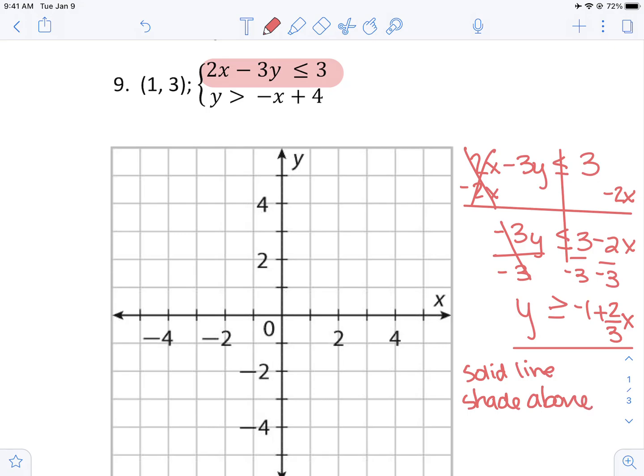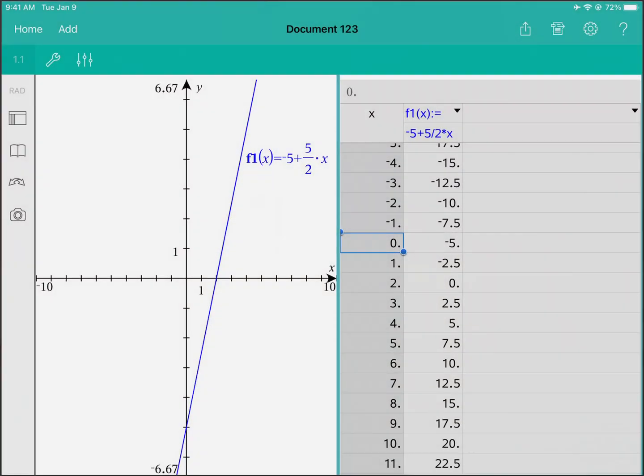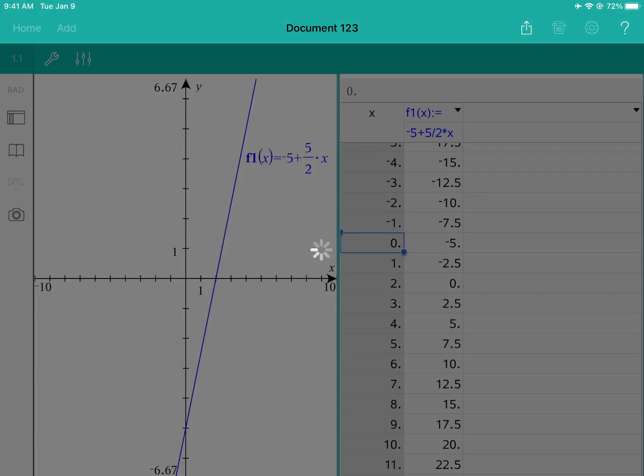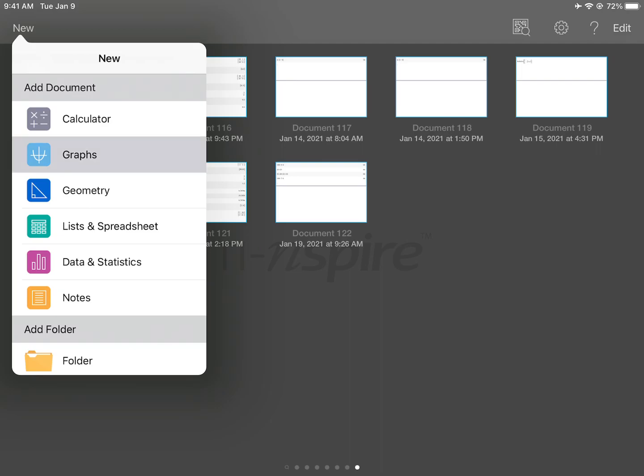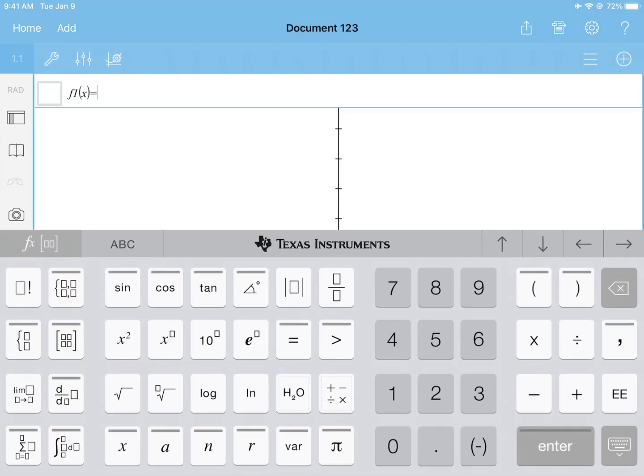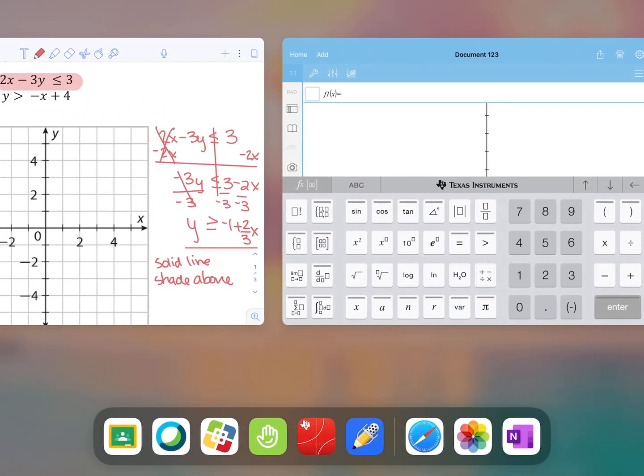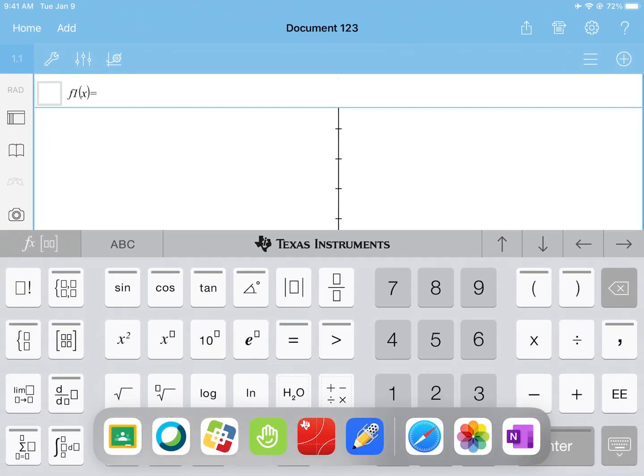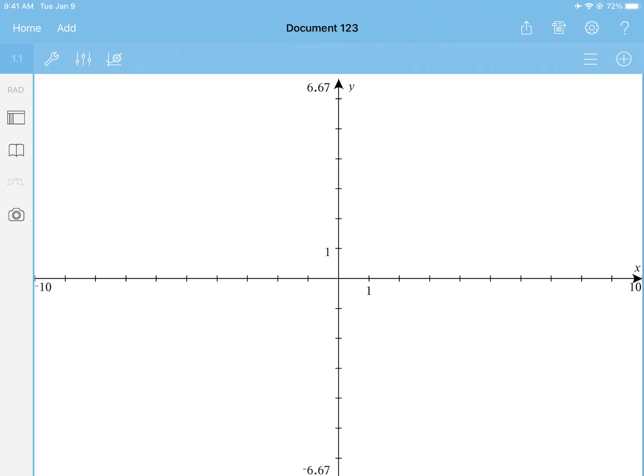So to graph it, I'm going to go back to the calculator. I'm going to go home, discard my changes, new graph. And I'm going to type in the equation. So it was -1 plus 2/3 x.